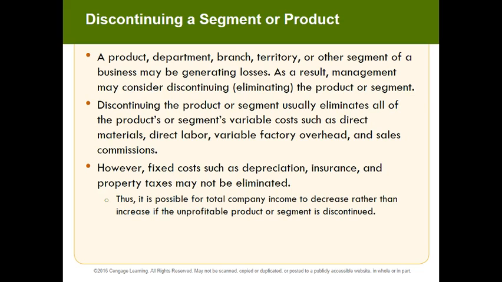They don't take into account that a great degree of the fixed costs may remain. So it's possible for total company income to decrease rather than increase if an unprofitable segment or product is discontinued. And this is because those fixed costs then have to be serviced by all the remaining revenues.